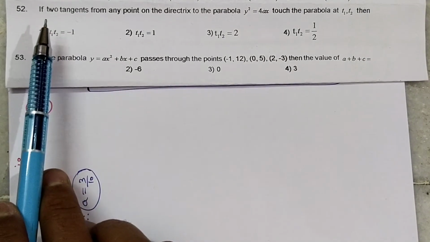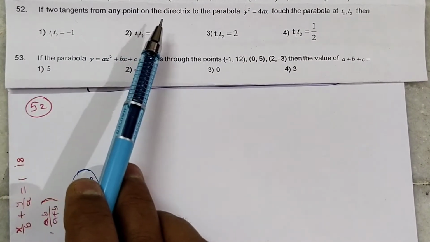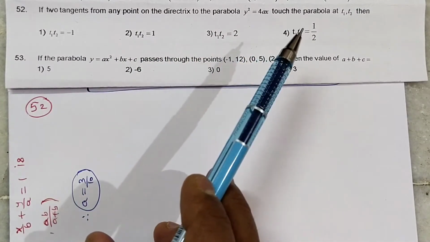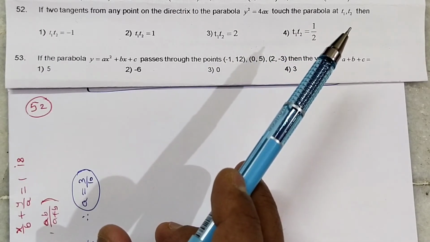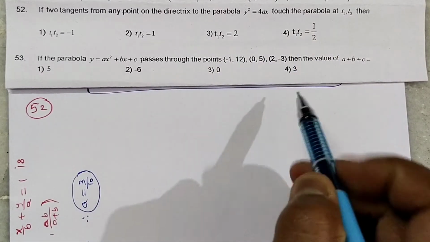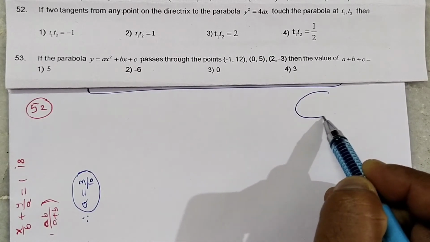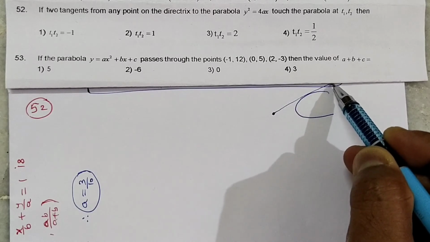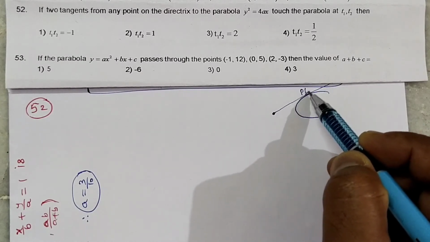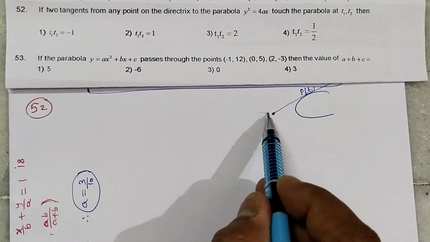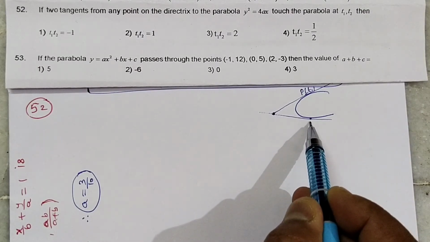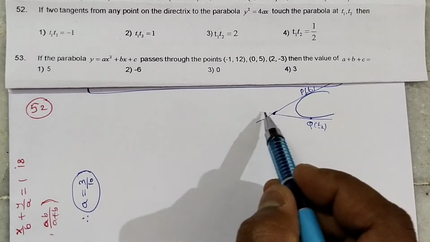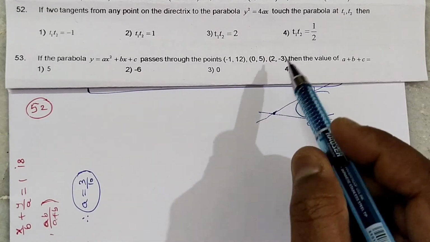Question number 52. If two tangents from any point on the directrix to the parabola y square equal to 4x touch the parabola at t1, t2, then, so here observe carefully, this is the parabola figure, y square is equal to 4x. A tangent equation at P of t1, another tangent equation at Q of t2. These tangents are intersecting at the directrix.